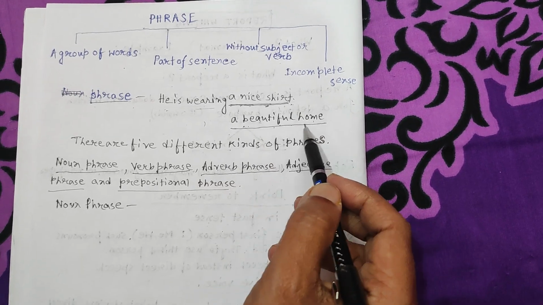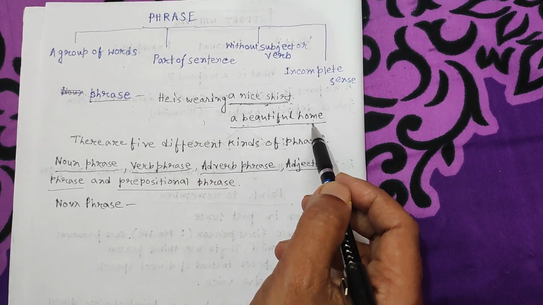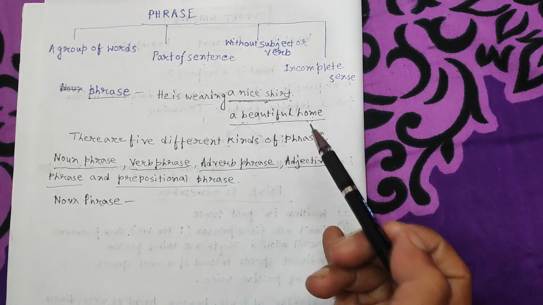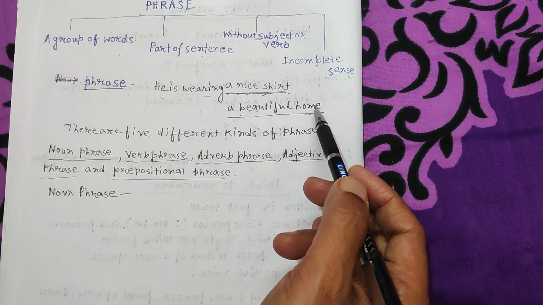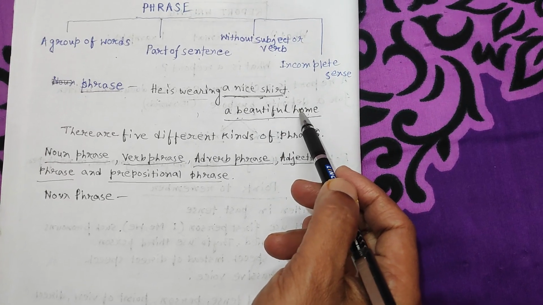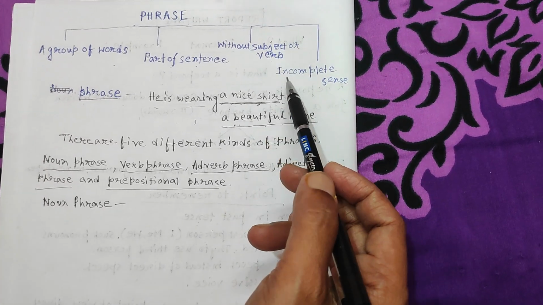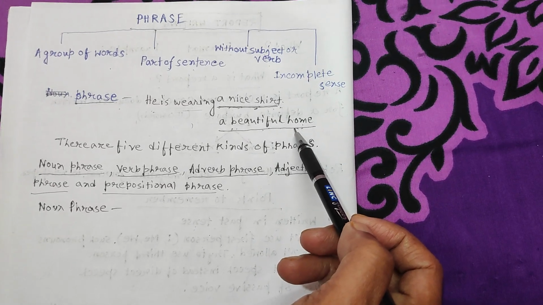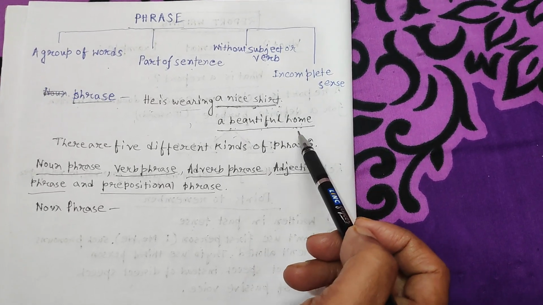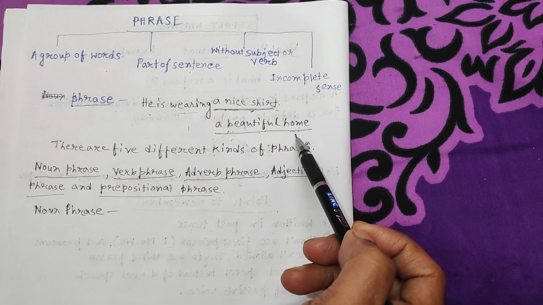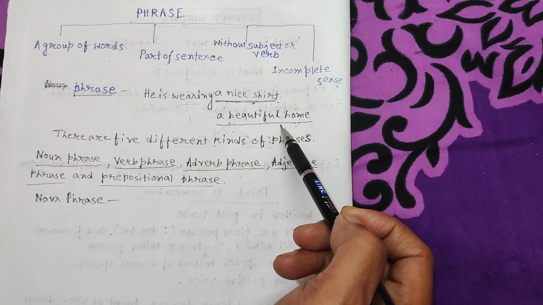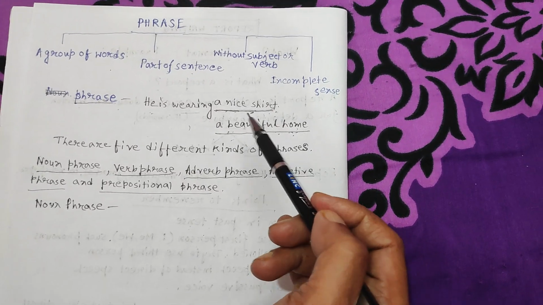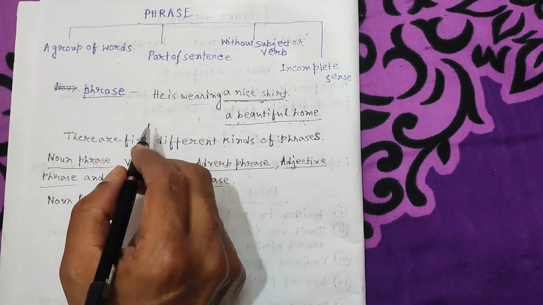Similarly, a beautiful home is also a part of a larger sentence. It consists of a few words, as you can see. It does not have any subject or verb combination. It has incomplete sense. Now, let me use this group of words in another sentence.